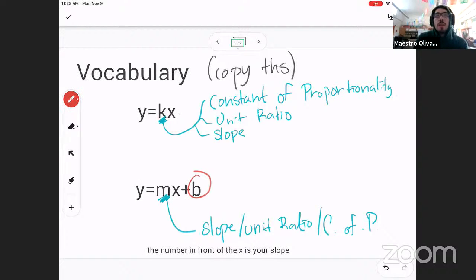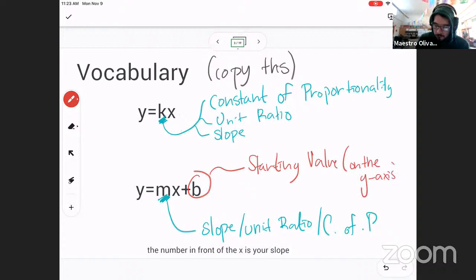Well, it might not make any sense right now, but B is your starting value on the y-axis.